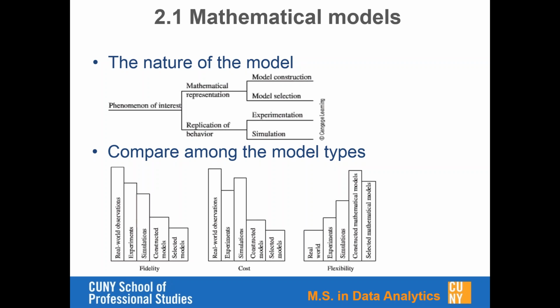And some of the models might have issues representing the real world observations. And in terms of cost, real world observations are apparently more expensive. Sometimes it's prohibitive. It's impossible to get a lot of real world observations, right?